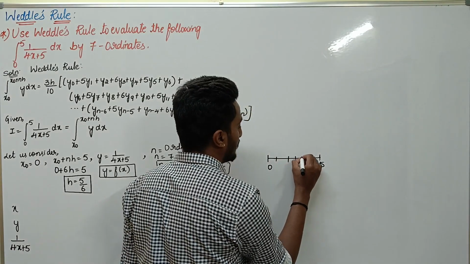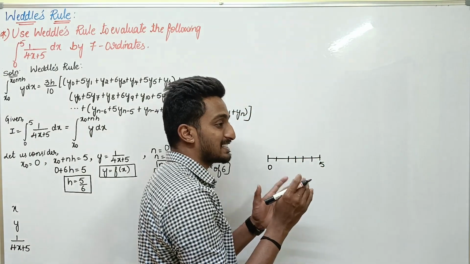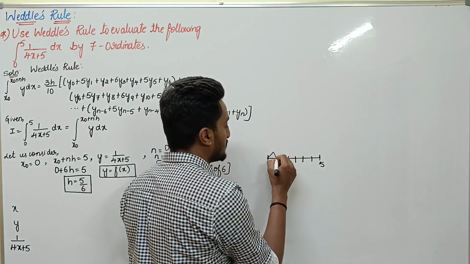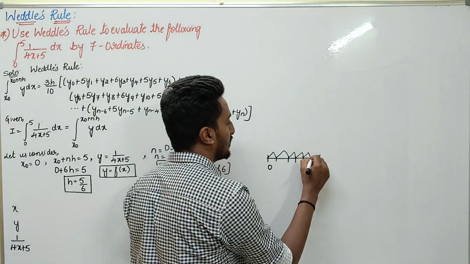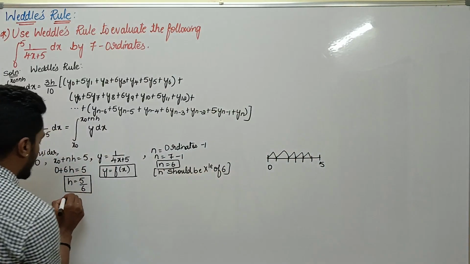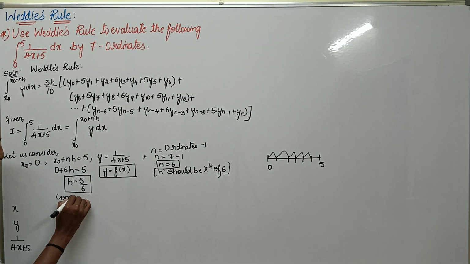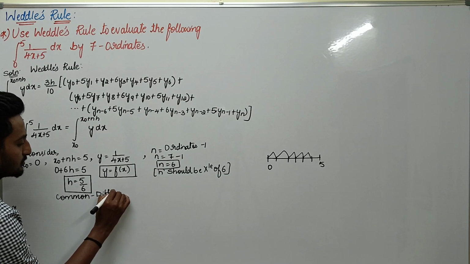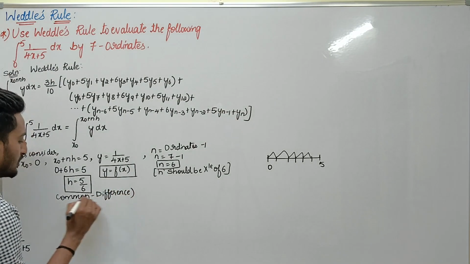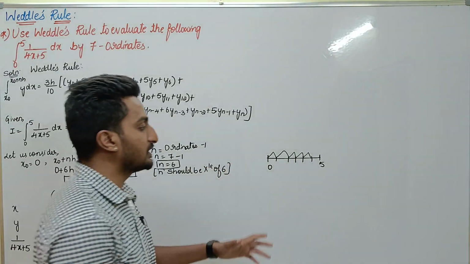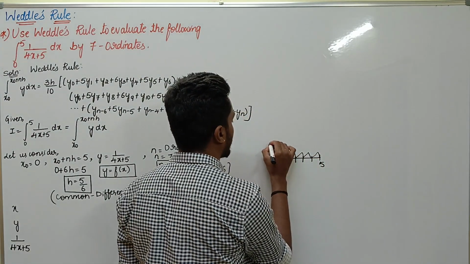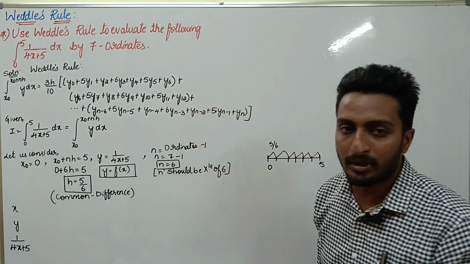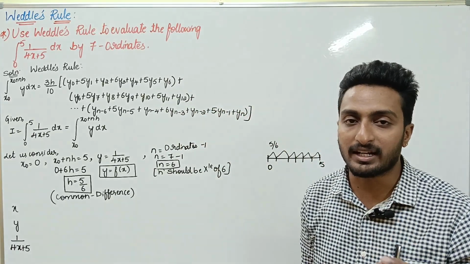Between this interval, it should have 6 intervals including 0 and 5. The difference between these intervals, we call it the common difference. The h we call the common difference. The common difference between these intervals should be 5 by 6.